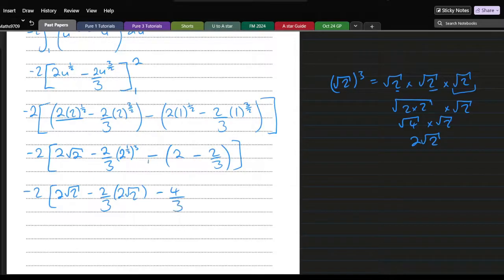Be careful with the negative sign here. Okay, and let's continue to simplify.